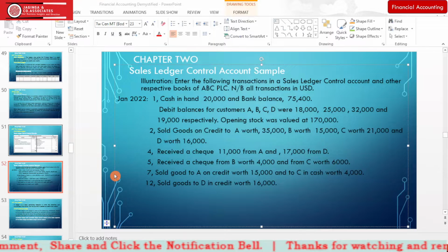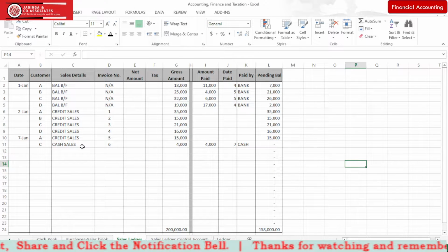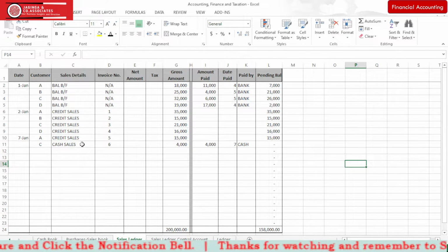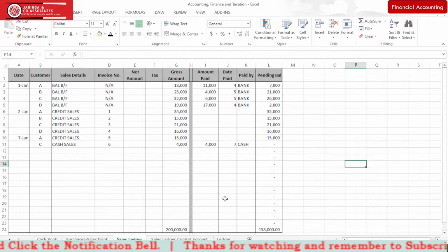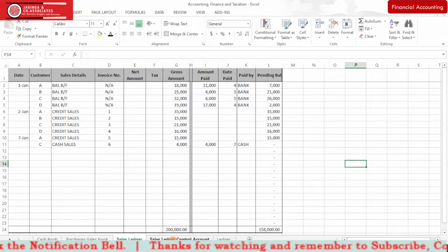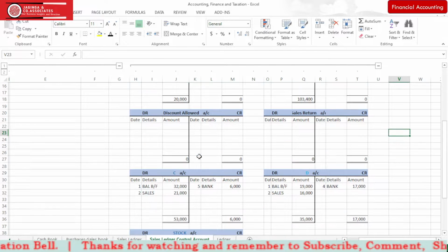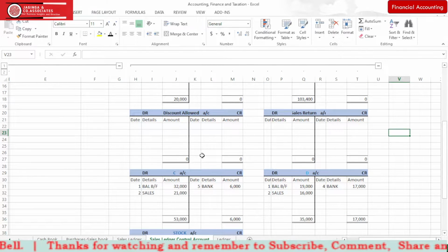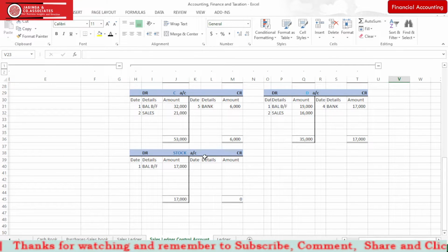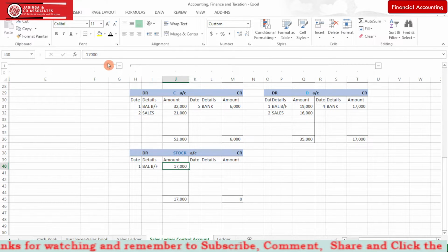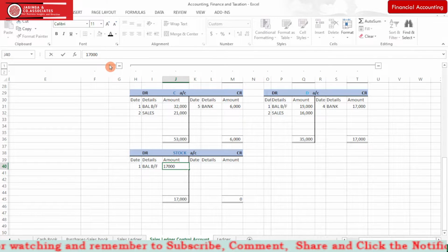So again, after making this entry for the sales on 7th, we also need to make individual account entries.